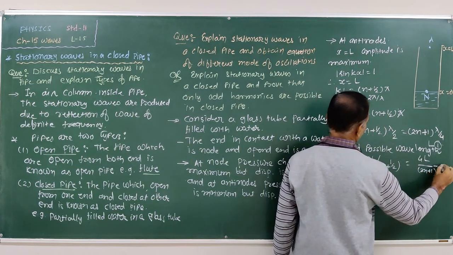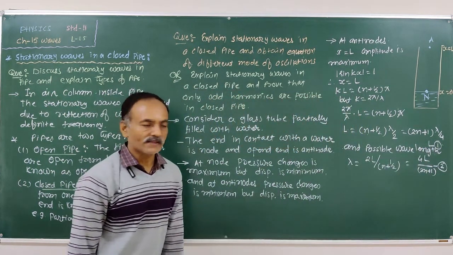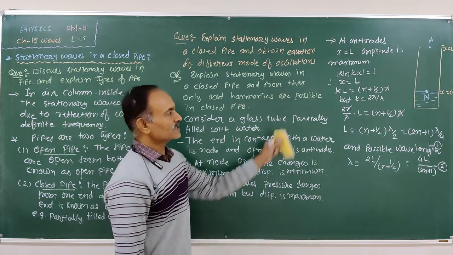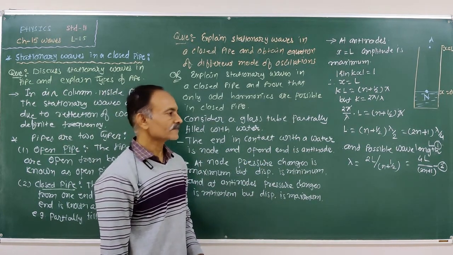That's equation number 2. That is the equation of the wavelength of a stationary wave possible in a closed pipe.